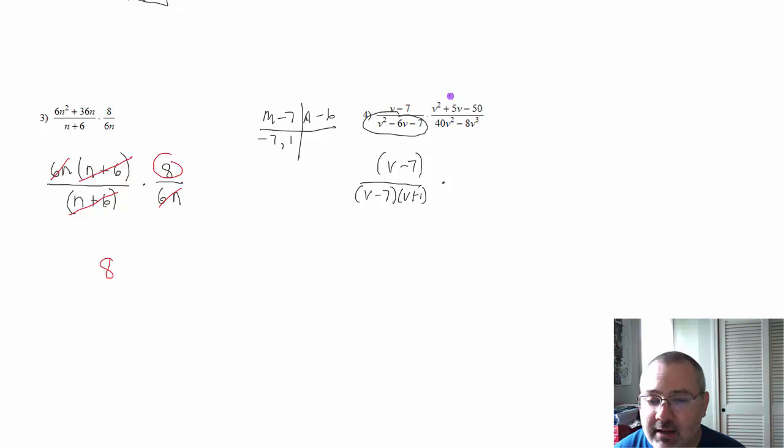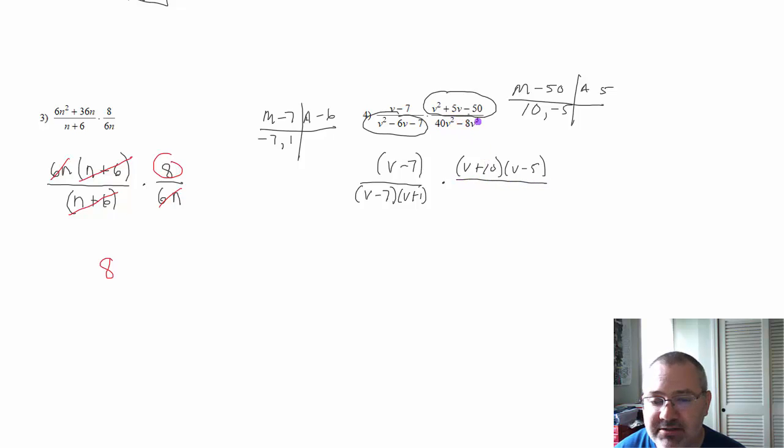Times, here, we got another trinomial. We need to factor it. So let's try this strategy over here. Two numbers that multiply to give you negative 50, but add up to give you positive 5. What works? Well, 10 and negative 5 do. So this factors into v plus 10 and v minus 5.